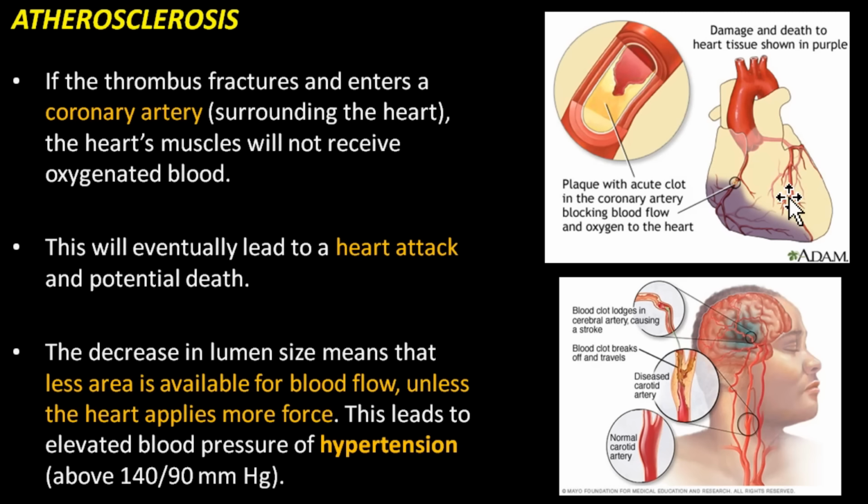So remember, this decrease in lumen size means that there's less area available for blood flow unless the heart applies more force. And this could lead to elevated blood pressure or hypertension, basically if you're above 140 over 90 millimeters of mercury of pressure. Lastly, a stroke could happen similar to with the heart, but if the carotid arteries that carry blood to the brain are blocked.